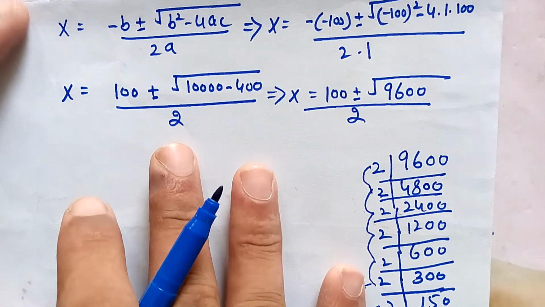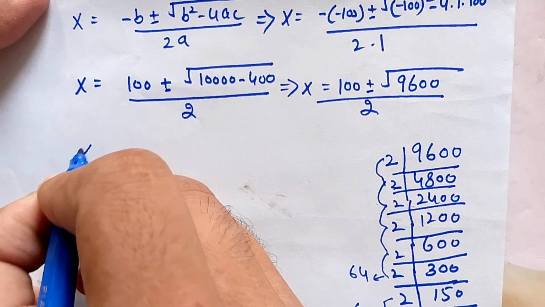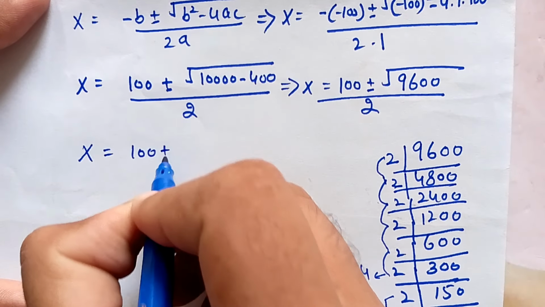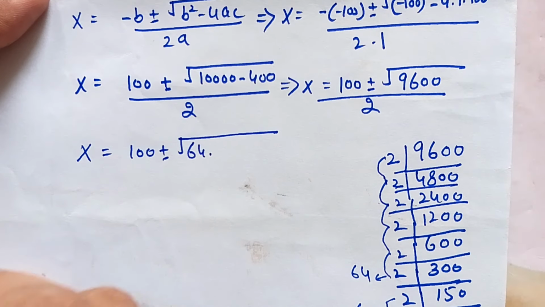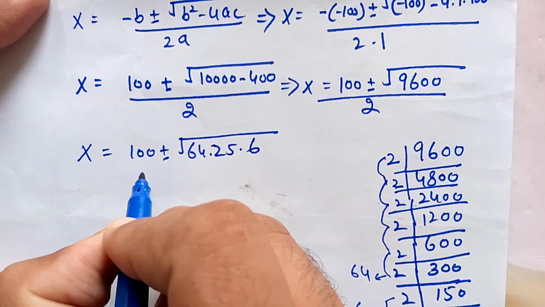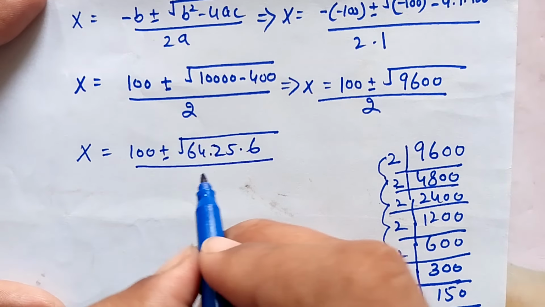So here x is equal to 100 plus minus square root of 64 times 25 times 6 over 2.